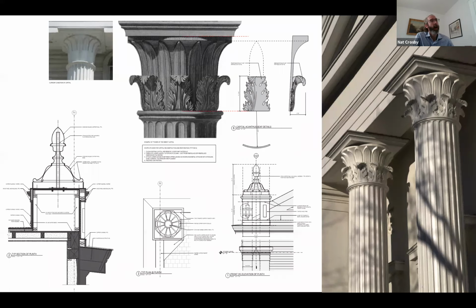But we were able to discover in an Asher Benjamin book, and likely the source information for Isaac Melvin himself, the Temple of the Winds capital, and so we were able to use the same likely source information to recreate the capitals.